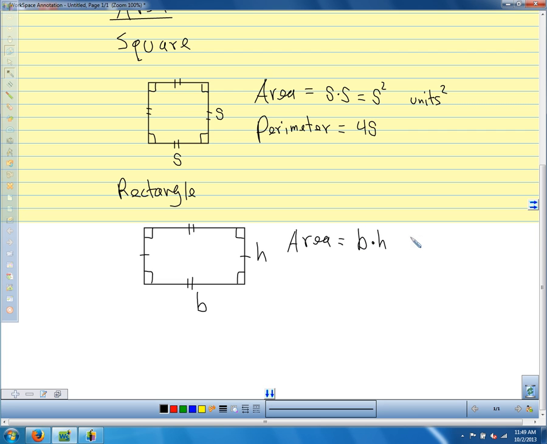And our units are units squared. And I'm sorry, I should have written that for perimeter. We just have units. So it would be inches, yards, feet, something. And our perimeter, we could write a formula for a perimeter. I'm just going to say add all the sides.